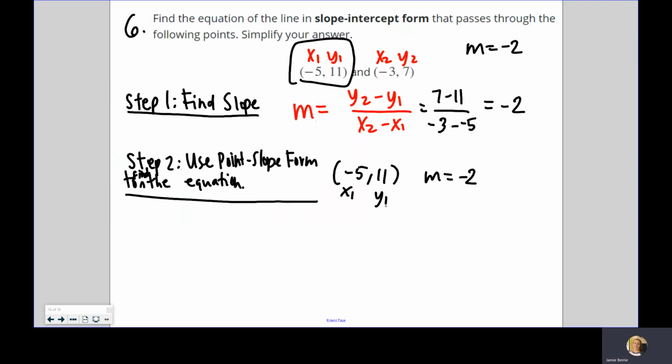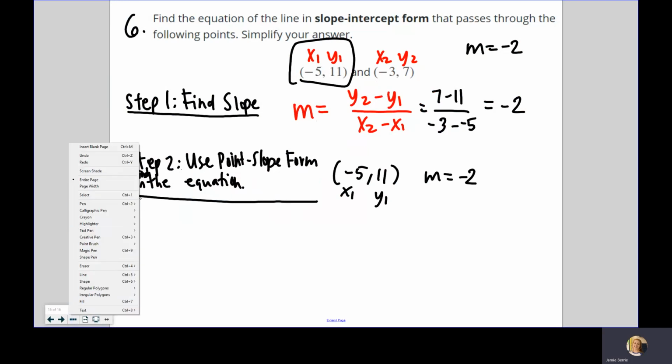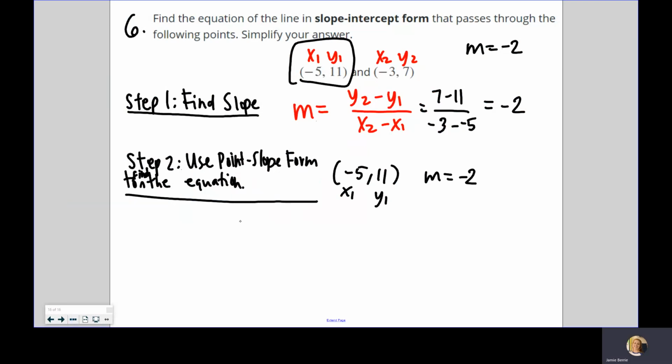It's going to be our x1 and our y1. So let's write the formula for point slope form. y minus y1 equals m times (x minus x1). Go ahead and plug in your numbers.